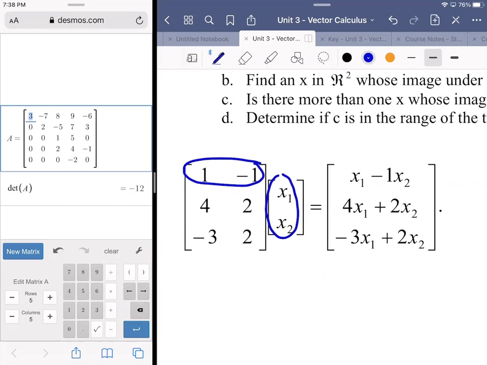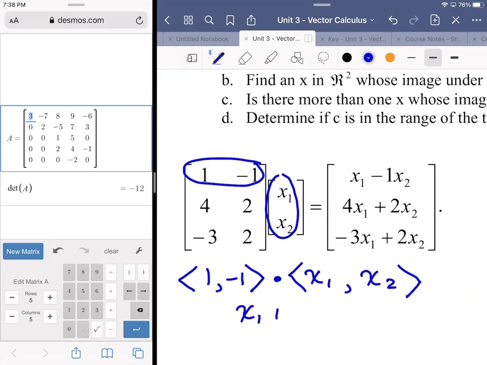So it's going to end up being the dotting of 1, -1 and x1, x2. So when you find the dot product here, you're looking at x1 plus -x2, which gives you this entry.